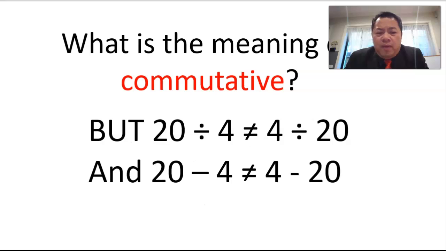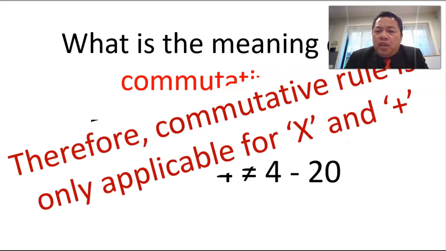Therefore, you must remember that the commutative rule is only applicable for multiplication and addition. Bear that in mind. I repeat that again: commutative law is only applicable for multiplication and addition.